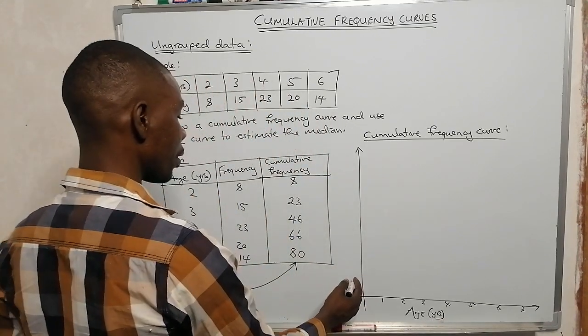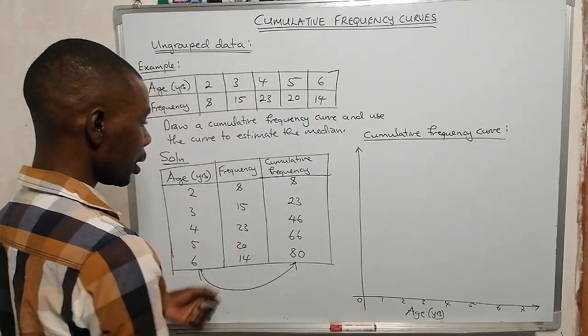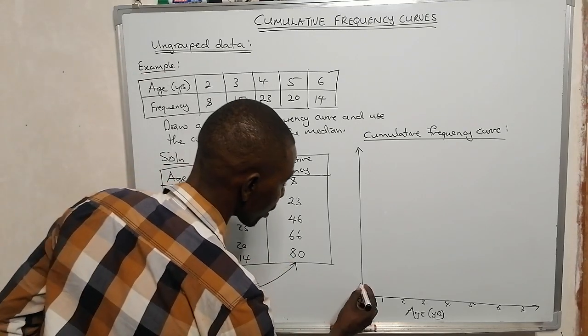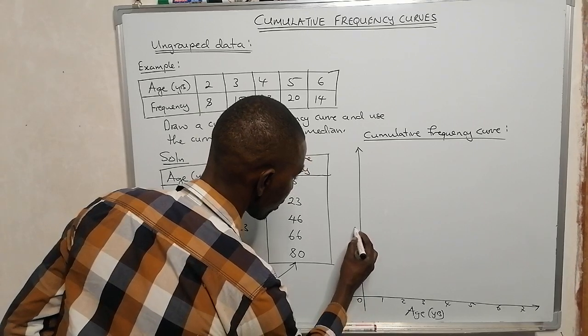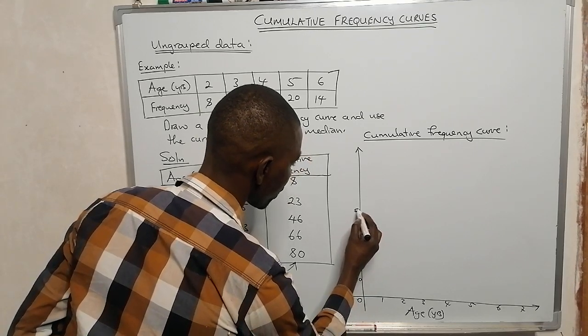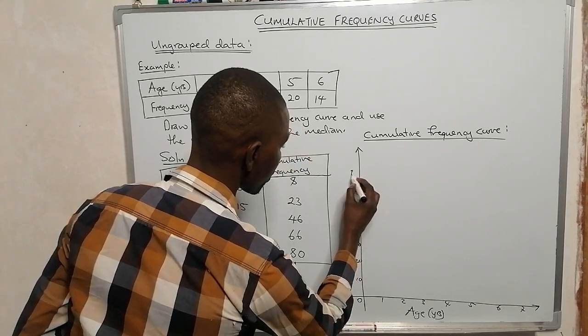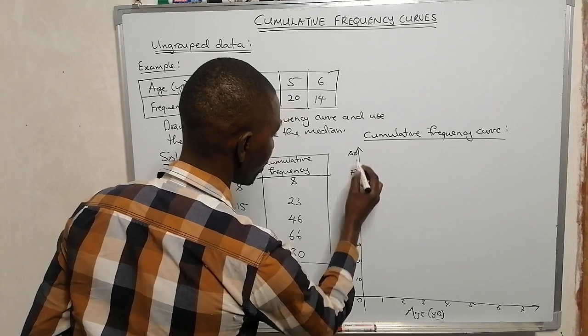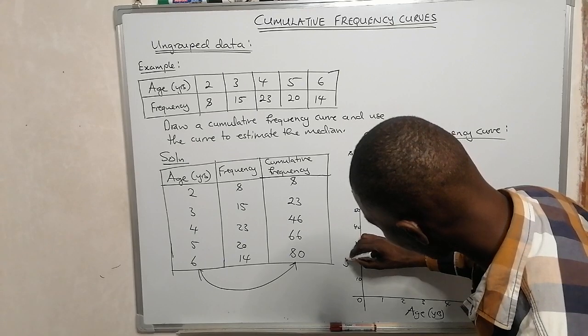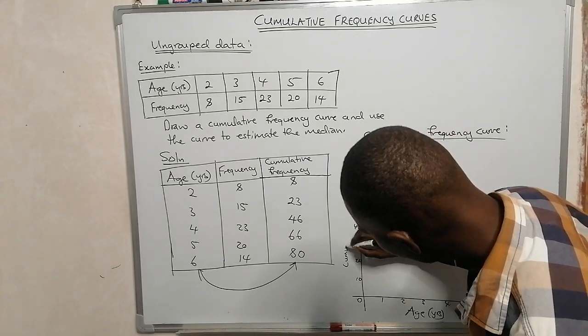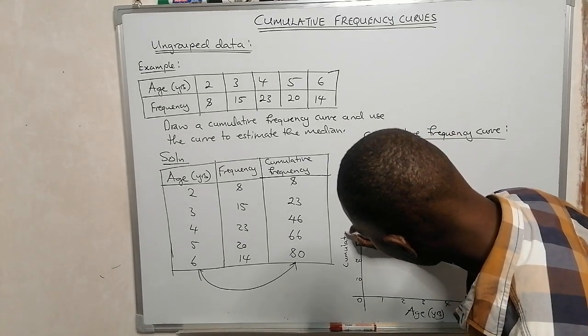Then here we have cumulative frequency. We can use 10, 20, 30, 40, 50, 60, 70, then 80. That will be our cumulative frequency curve.